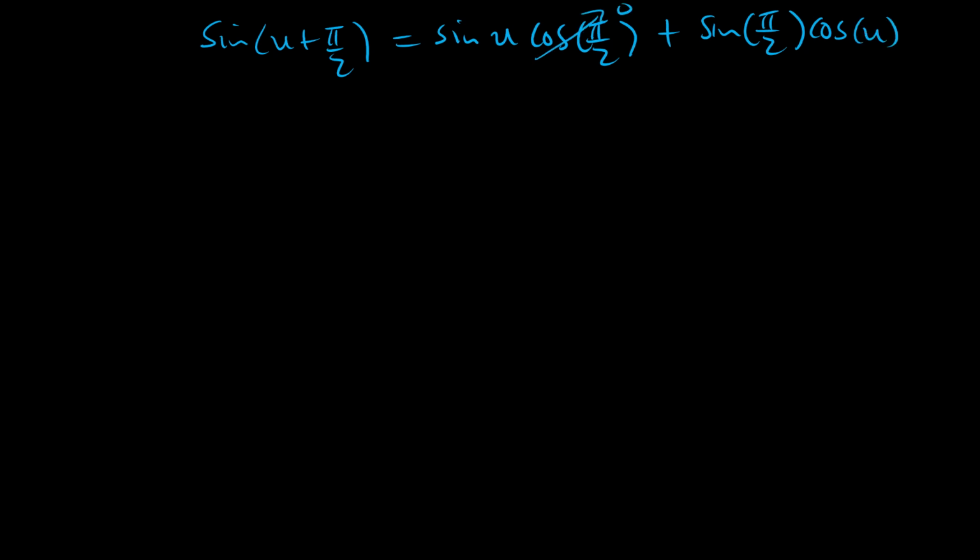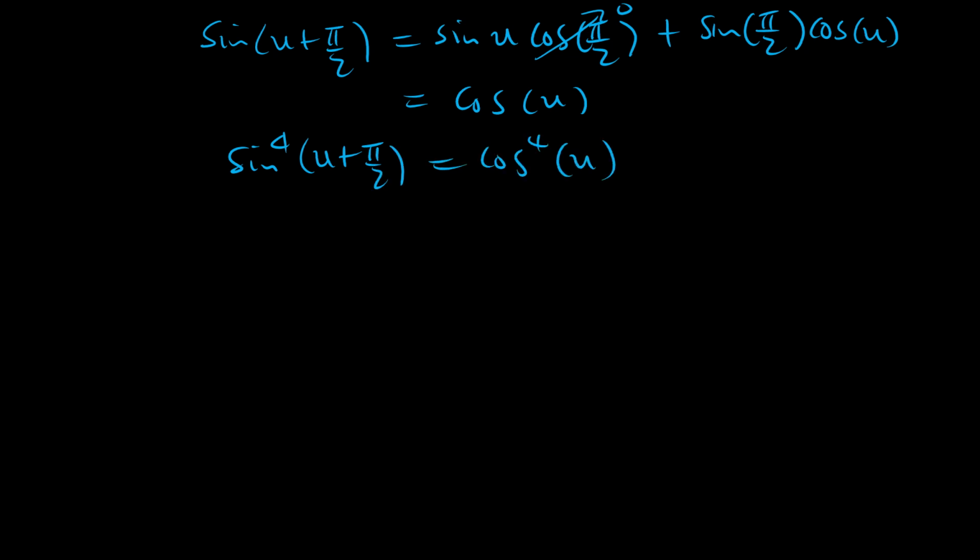This goes to 0, so we just get cosine of u. And so sine to the 4th of u plus pi over 2 is equal to cosine to the 4th of u.